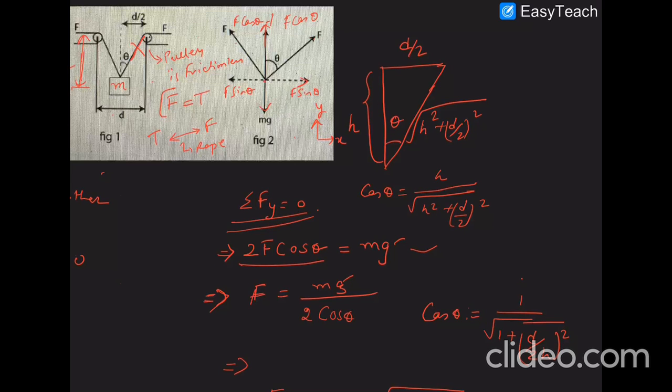Now what is cos theta? If you draw this triangle and elaborate it in this figure, this is 90 degrees. It's a right angle triangle, and by Pythagoras theorem you can find the relation between the hypotenuse, the base, and the perpendicular.